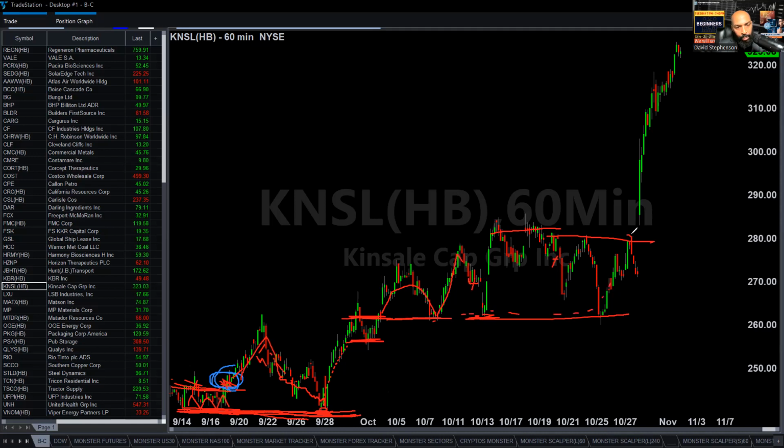And then it broke resistance right here, gapped up, broke resistance. And now we've got reaccumulation. This area here would be reaccumulation. And if we look here, here is support, it came down.